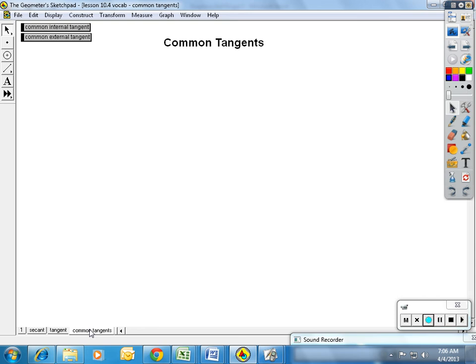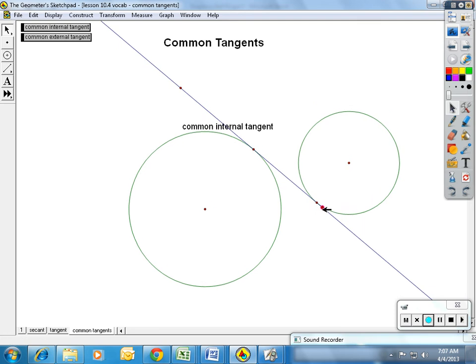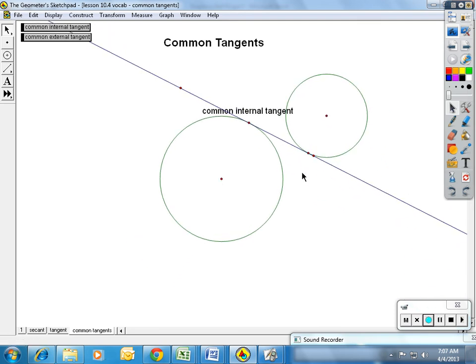Okay, and finally, common tangents. These two circles have a common tangent line. That tangent line is in contact at one point with this circle and with one point in that circle. Okay? Notice how these are going to interplay.